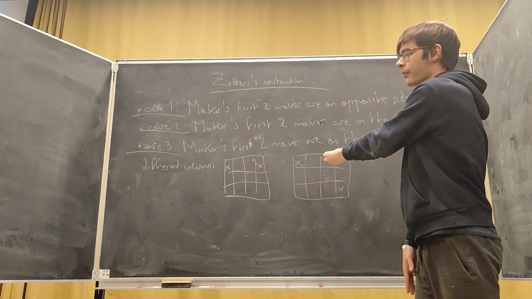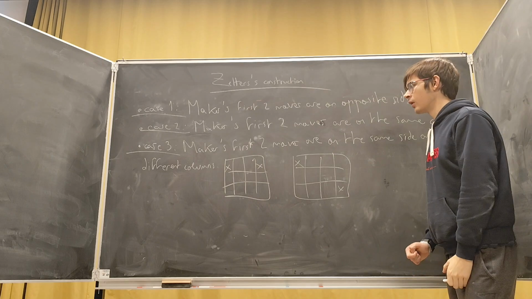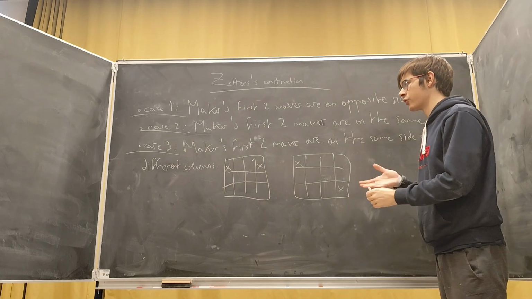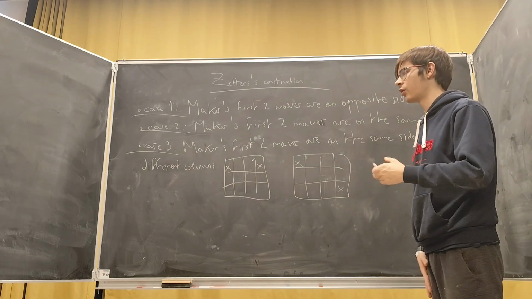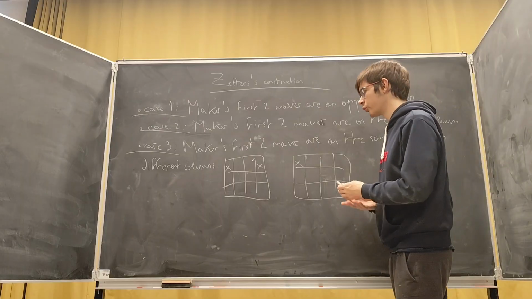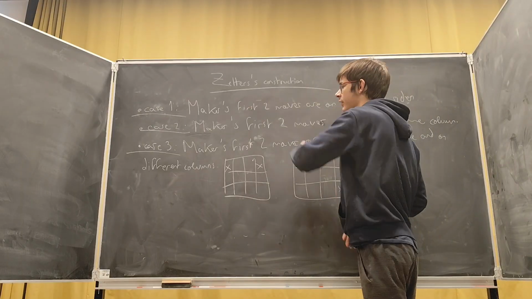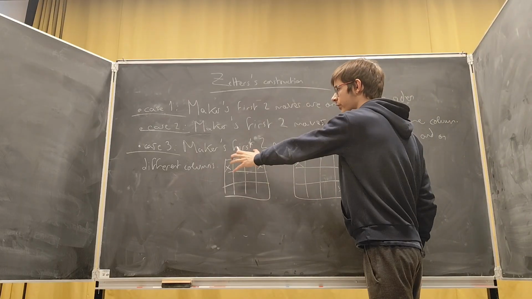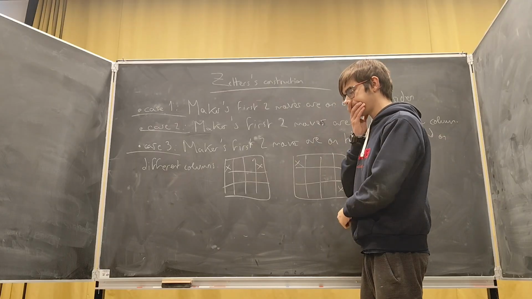Okay, so remember these were the two boards that we could, without loss of generality, reduce the problem to in this first case. And of course here it's the same thing, right?